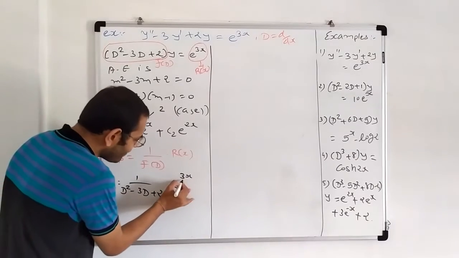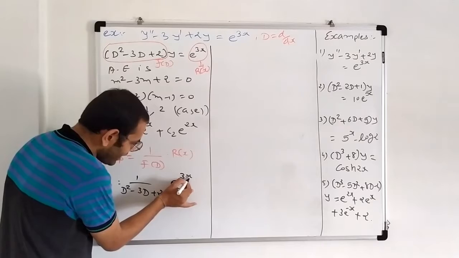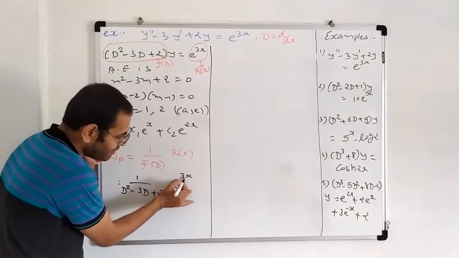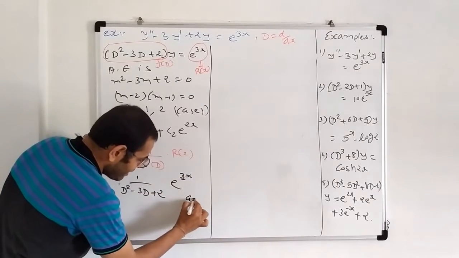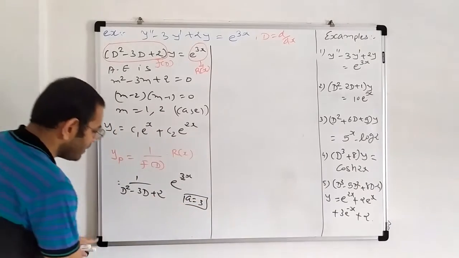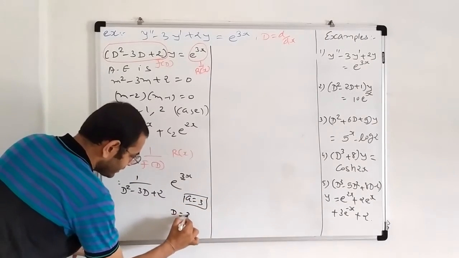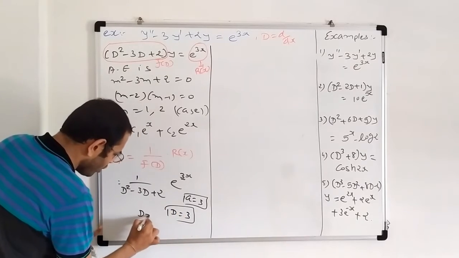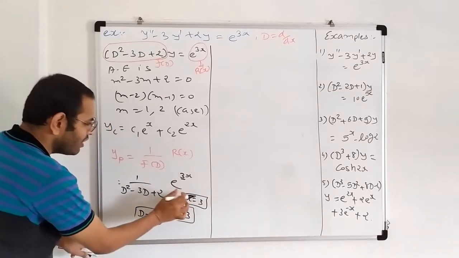Here, the coefficient which is multiplied with x is 3, so a equal to 3. Then replace D by a, where a equals 3.